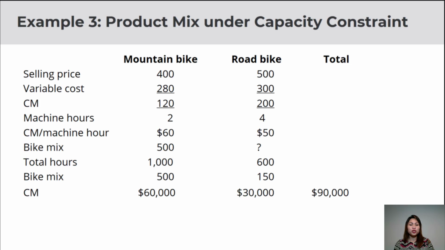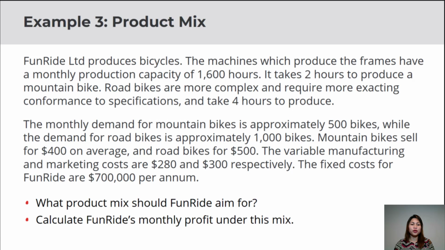Remember, the contribution margin will be used to cover the fixed cost. How much is the fixed cost for this company? Fixed cost per month equals $58,333. How do we get $58,333? If we go back to the previous slide, fixed cost for Fun Ride is 700,000 per year.